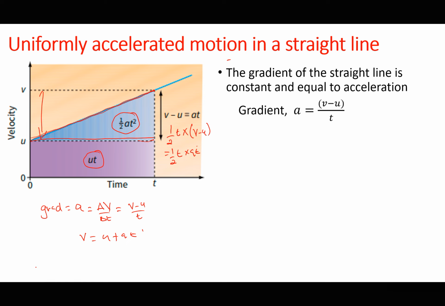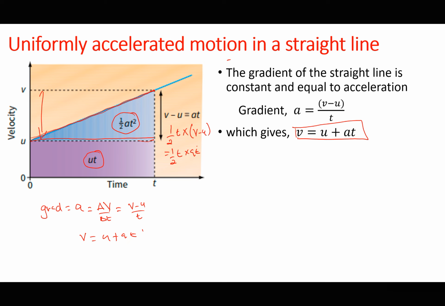And we have said that the gradient is going to be equal to v minus u divided by t, which takes us back to v equals u plus at.